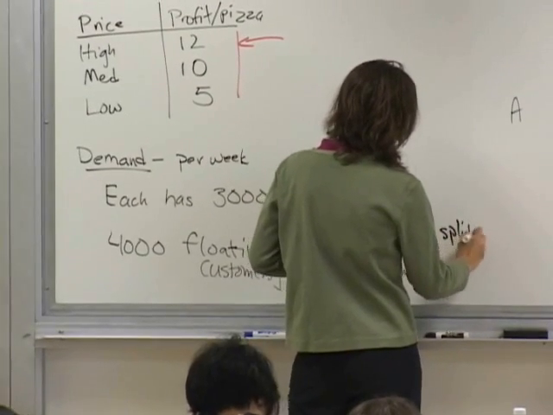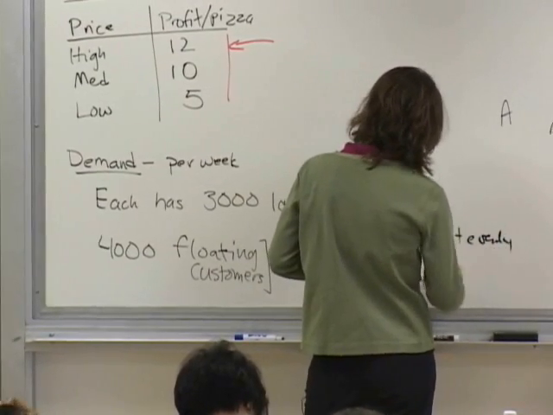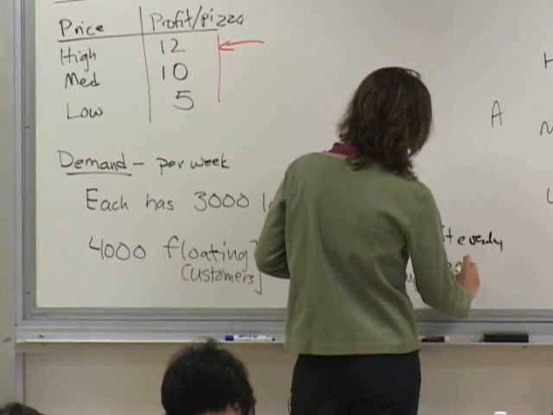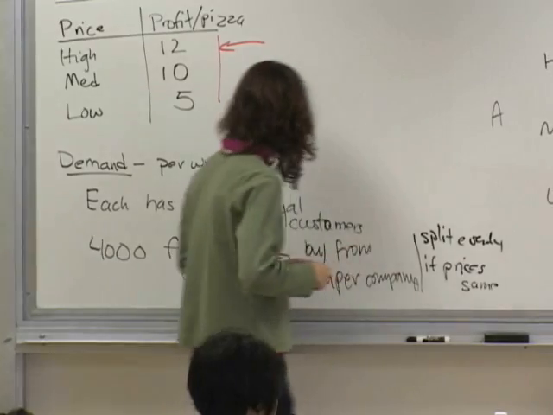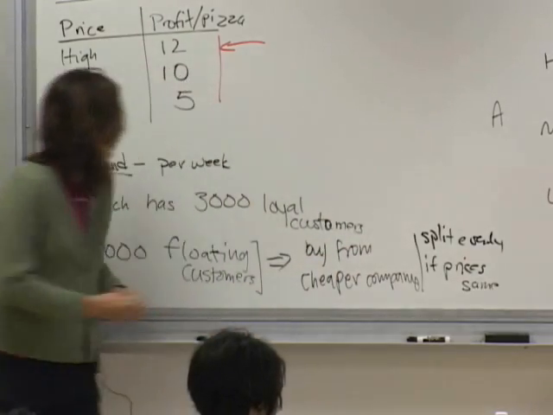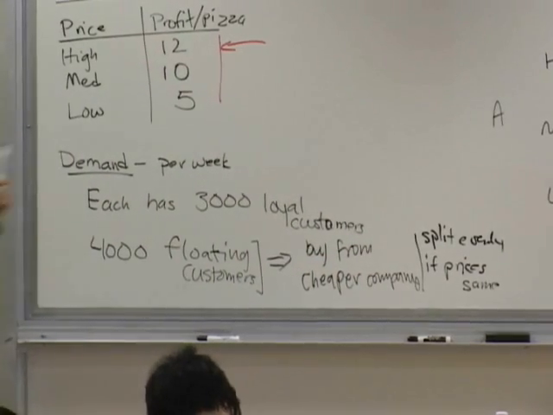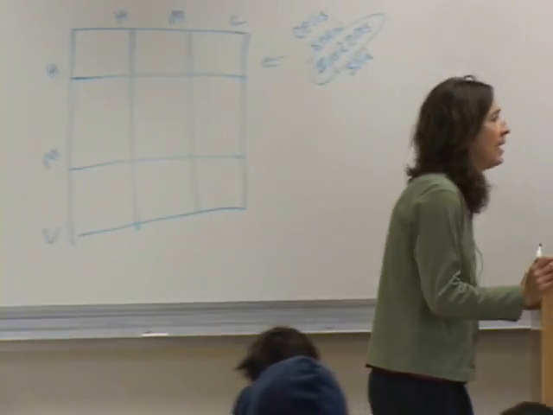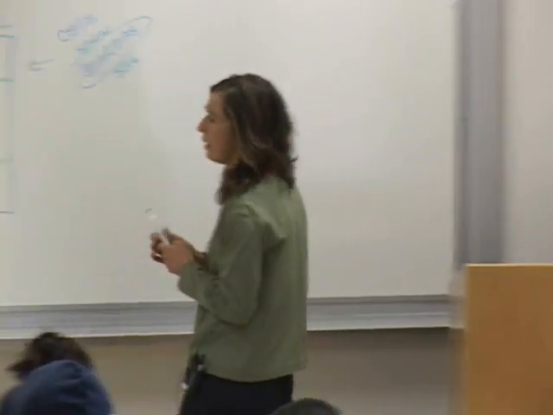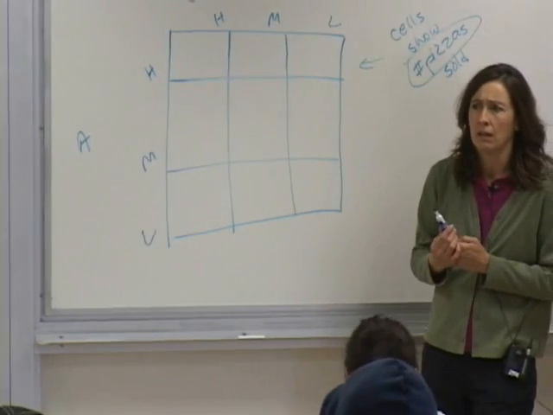They split evenly if the prices are the same. Okay? So I'm Pizza Company A. I'm setting a high price. You guys are setting a low price. How many pizzas do I sell during the week?